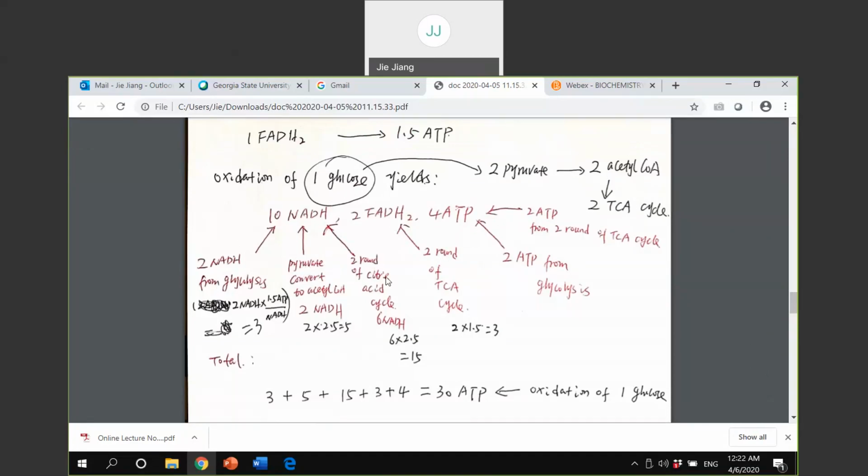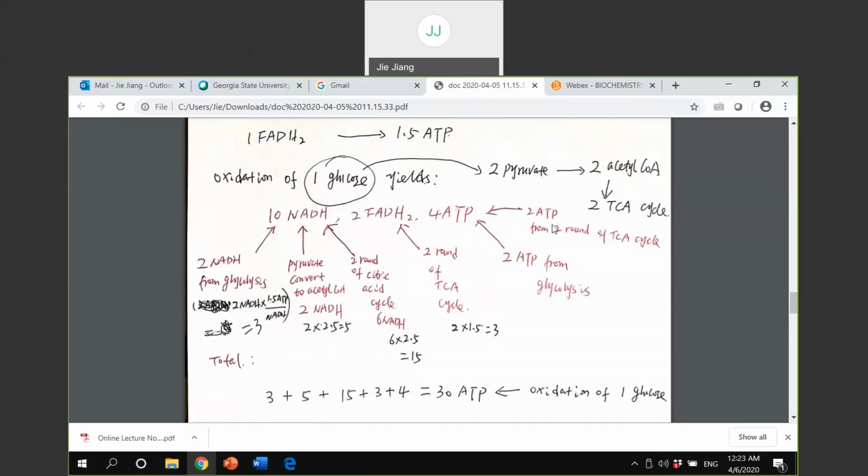pyruvate from citric acid cycle, but you only consider one round, right? So that will be 1 NADH from pyruvate and 3 NADH from citric acid cycle. So totally you should have 4 NADH from 1 pyruvate. And then you're going to have 1 FADH2 because only one round. And then no these 2 ATP, right?